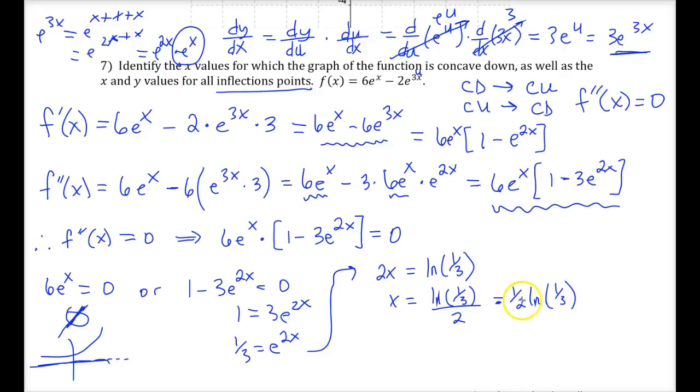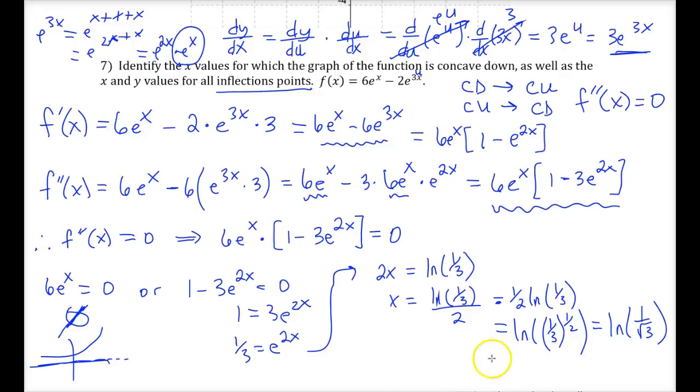And by me doing that, I could put this as natural log of 1/3, all of that raised to the 1/2. And that would essentially just be natural log of 1 over square root of 3. Okay?